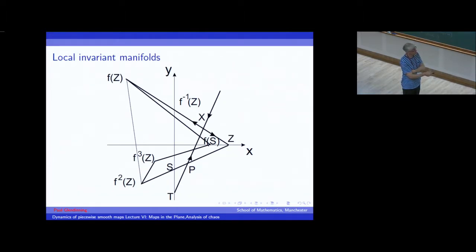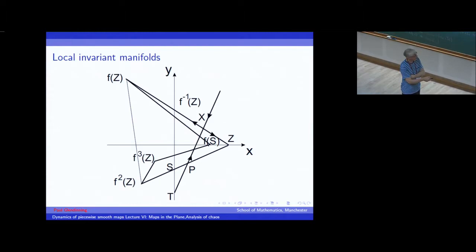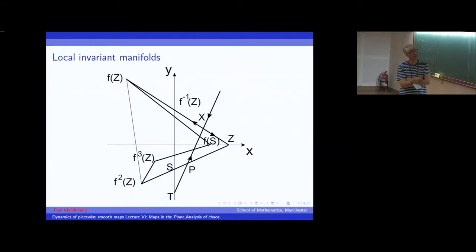So because it's flipping backwards and forwards, its image will be on the right. Because it's stable in this direction, thinking about the right-hand map, its image will be closer to x, and it will be on the other side of that line, so it must be something like there. Exactly where it is doesn't matter, but it's going to be somewhere like there.